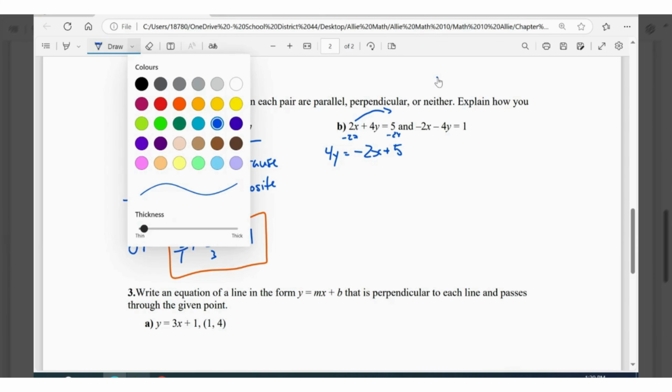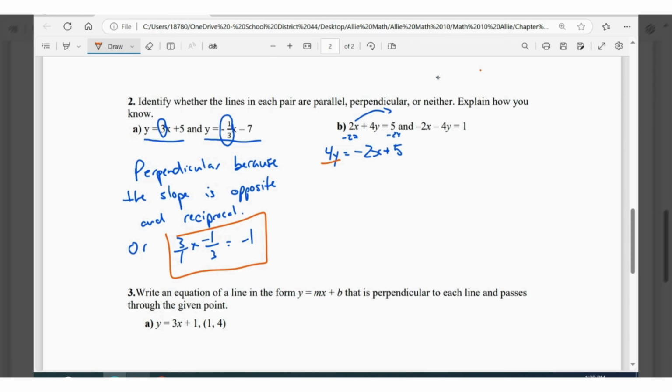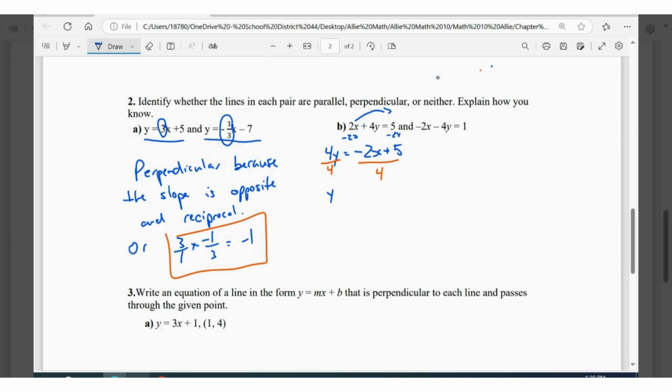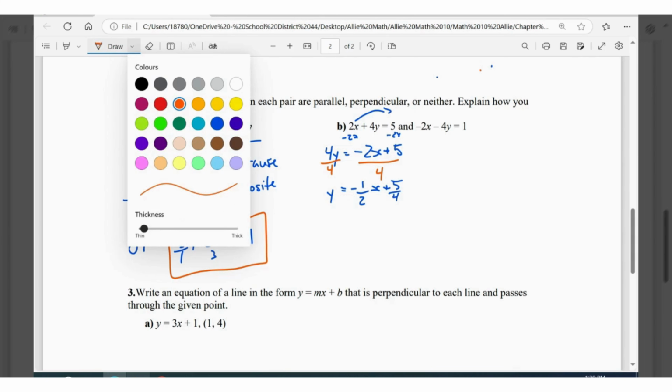Now we want to get the y by itself. Let's divide each of those by 4. So you get y equals -2/4, which is the same as -1/2, -1/2 x plus 5/4. We can just leave it like that. So there's our first one.